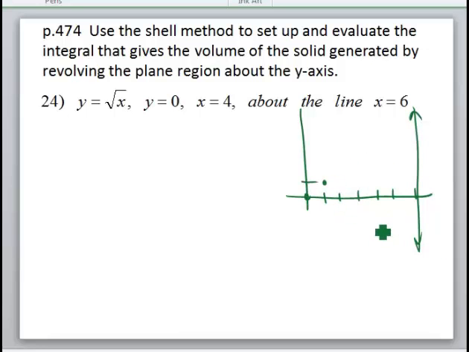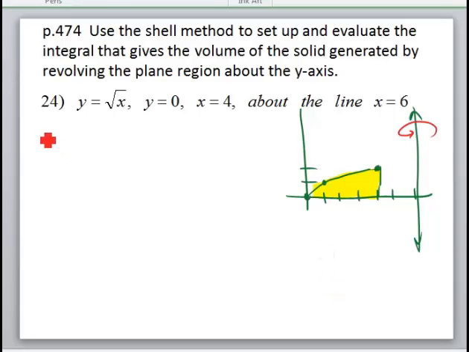All I'm doing is drawing that in really quickly. So it looks something like this. I'm only going from here to 4 though. So only this region is being rotated about the x equals 6 line.